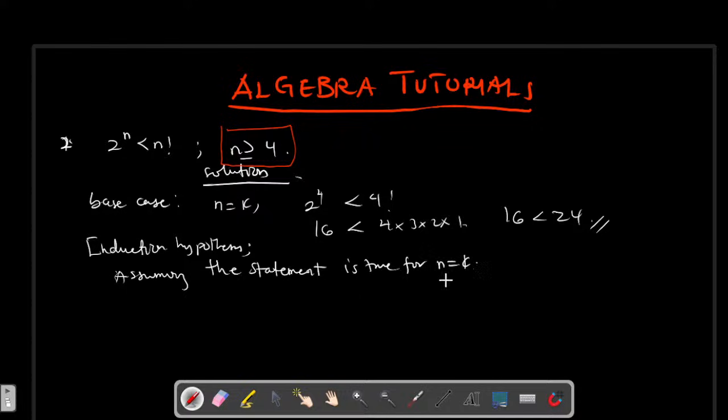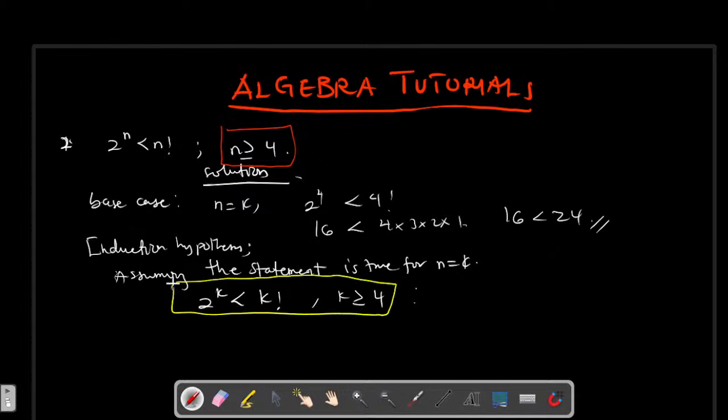For n equals k, we say that the statement is true. Therefore, we say that 2 to the power k is less than k factorial, where k is greater than or equal to 4. And we are saying that this statement is true. So this is our induction hypothesis, and then we move straight to our inductive step.